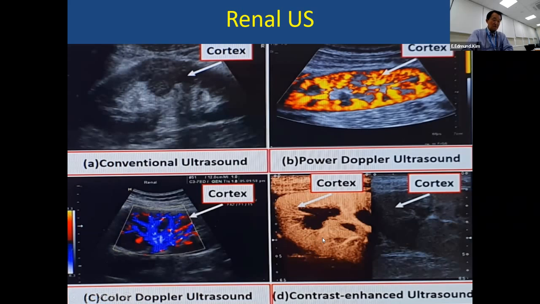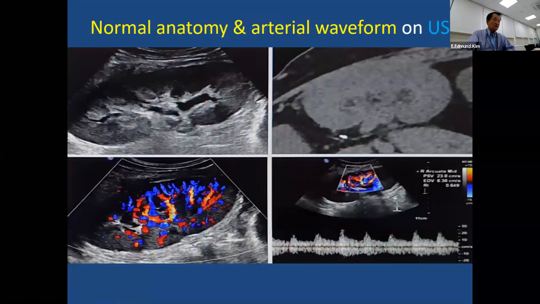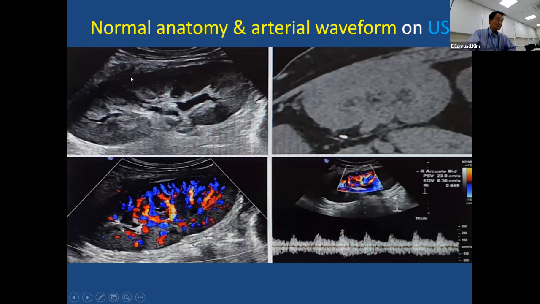And now a bubble type of contrast can also evaluate any vascular disease and also some enhancement of certain mass lesions. So in detail, you can see a very good outline of the kidneys.